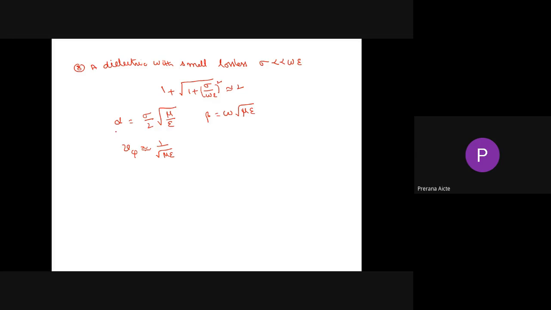Okay, this is the attenuation constant and phase velocity when a dielectric has small losses, that is, sigma is very much less than omega times epsilon. In this situation the phase velocity and group velocity are the same.